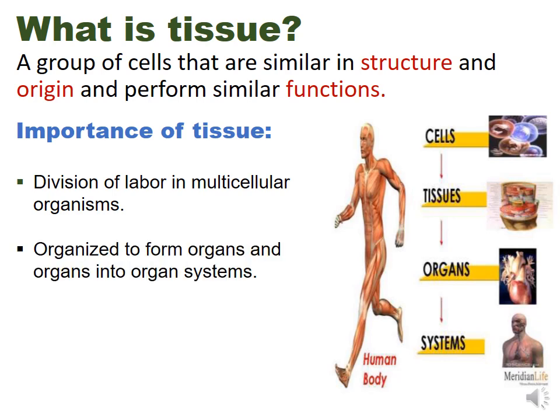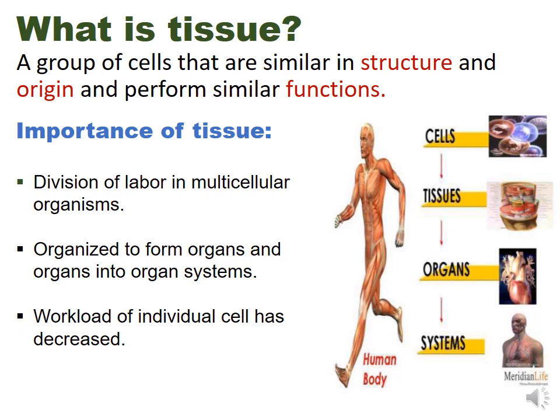Then another importance is tissues are organized to form organs, and organs into organ systems, so it provides a systematic hierarchy. And then another importance is the workload of individual cells has decreased. Then higher efficiency can be achieved due to the tissue system.